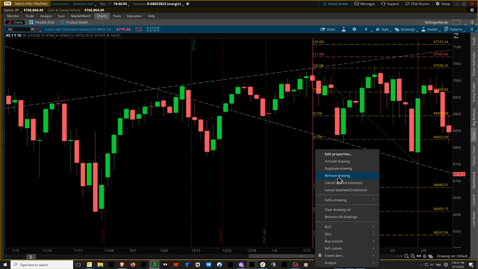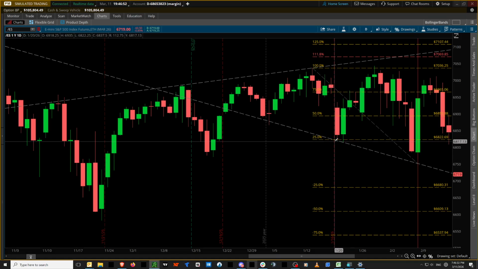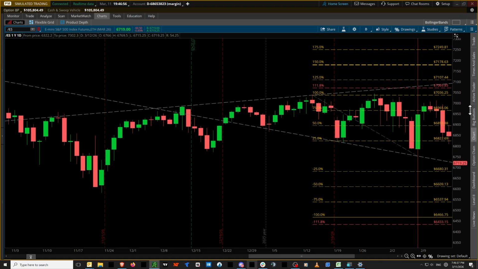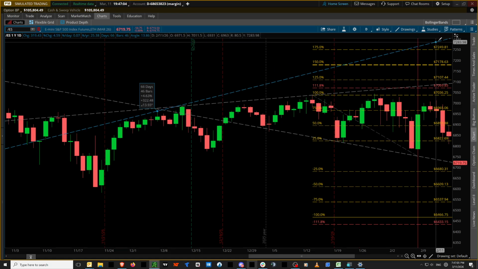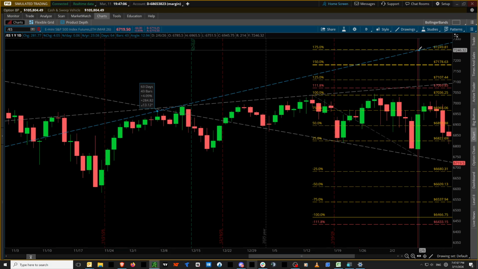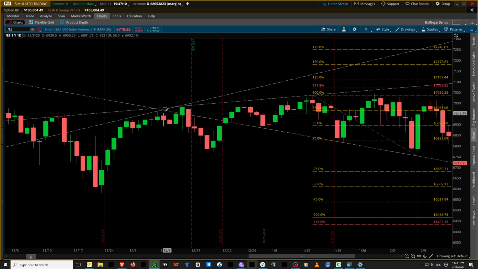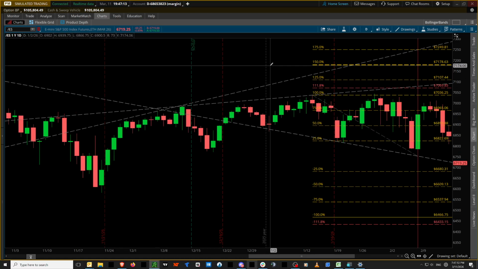I'm going to get rid of this line here just because it's confusing sometimes. And let's start drawing. Remember, we're on the daily. We're seeing, does this work on the daily? Vertex. Here's the 75. Just because it's convenient. Wait, what happened here?